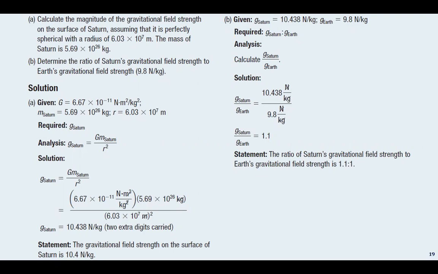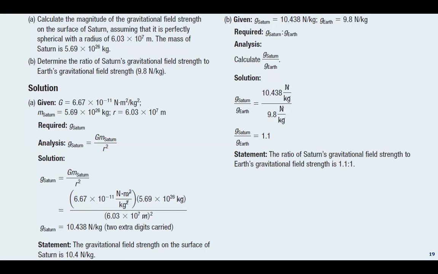So specifically in this question, because you're calculating the gravitational field strength on the surface of Saturn, you should use the mass of Saturn. So the gravitational field strength on the surface of Saturn, denoted by lowercase g Saturn, equals uppercase G times m Saturn over r squared. So put all the values in on the right side.